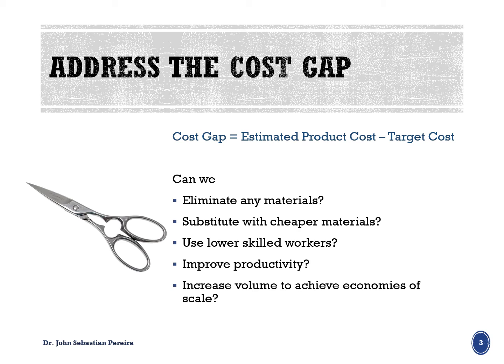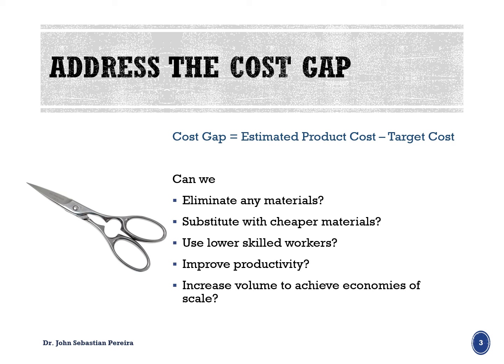There are some ways a company can address a cost gap by reducing the product costs. Few ways are in terms of eliminating any direct material used in the production process or maybe substituting those materials with cheaper alternatives. Try and bring the direct labor costs down by using low-skilled workers without compromising the quality or without increasing the defects in the manufacturing process.